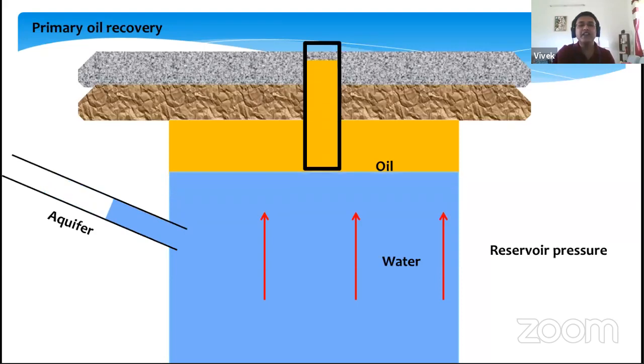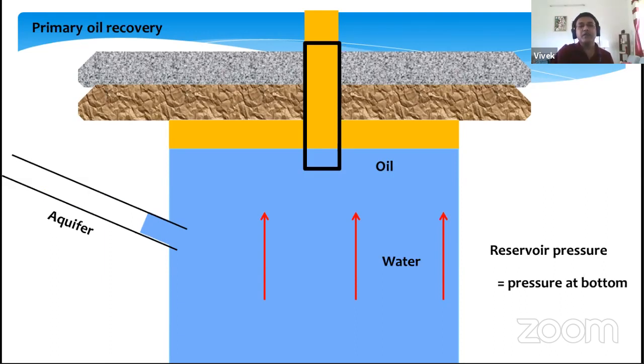It simply comes out by the existing reservoir pressure. Once the reservoir pressure becomes equal to the pressure at the bottom of the well, your primary recovery stops. That means you no longer get oil coming out through the natural pressure.